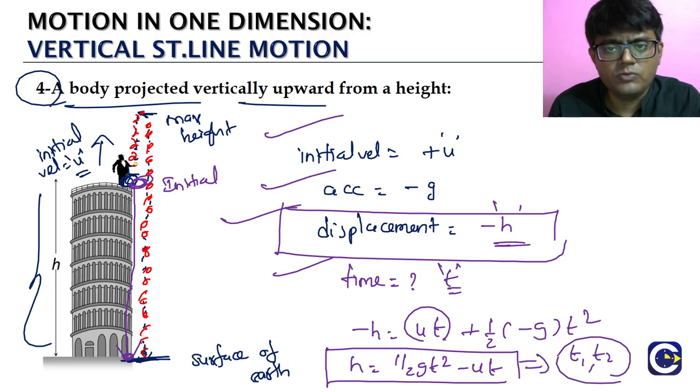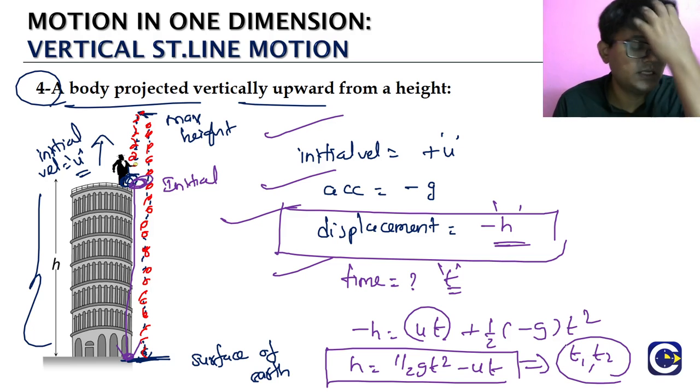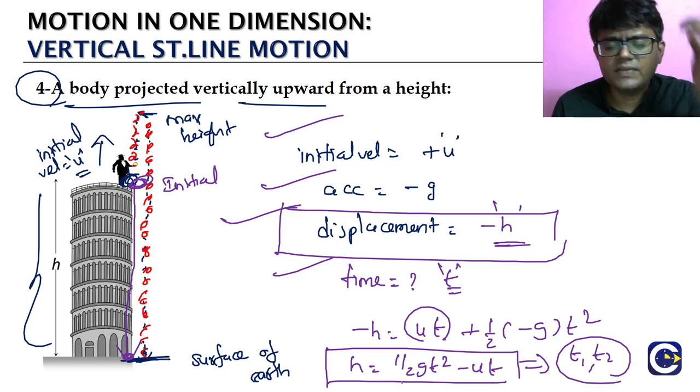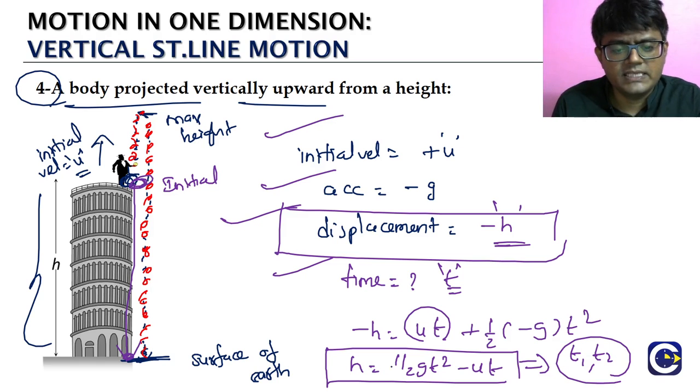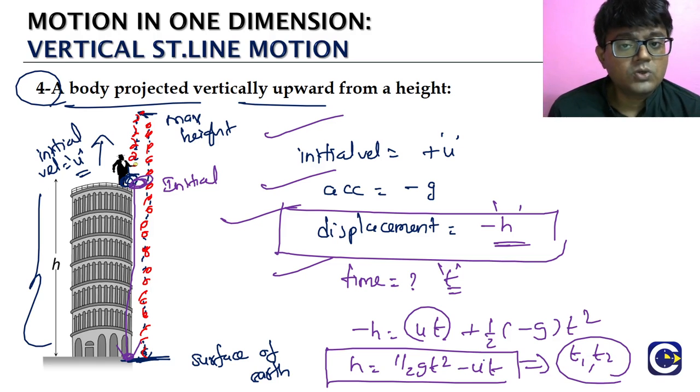One of them will happen to be negative, the other one which is positive, we'll accept it. So here also I am not solving the equation. Why? Because depending upon whatever parameters are given to us, what is the h value, what is the u value, when we go to the respective problem, we can see that, and then we will be able to solve. Okay, so this is about the time it takes to come down.